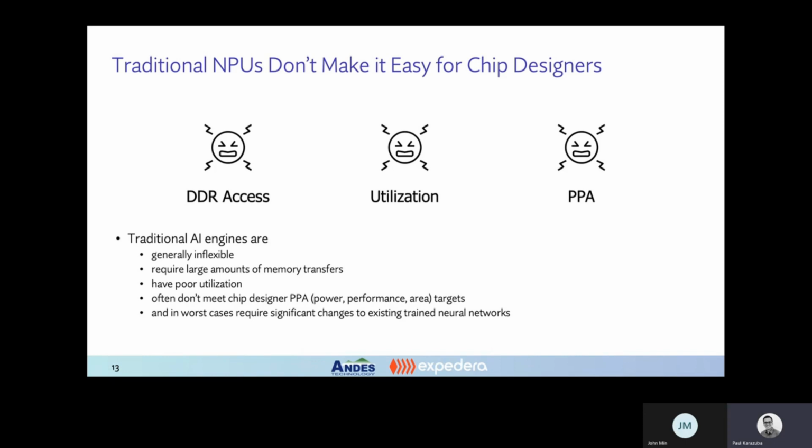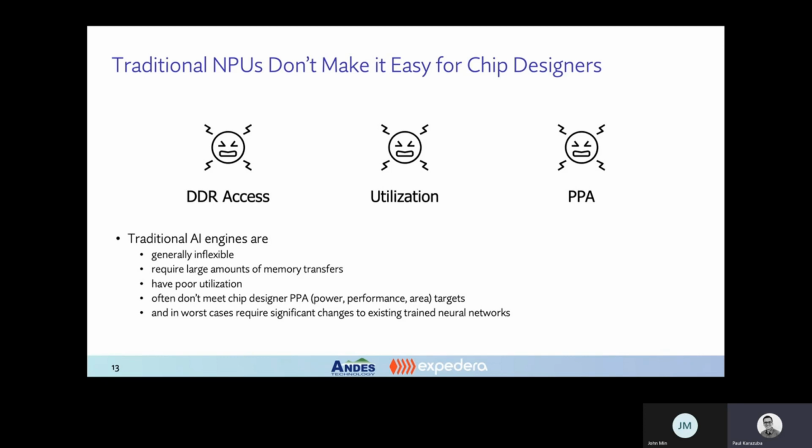As we say here, traditional AI engines are generally inflexible. They require large amounts of memory transfers. This is one of the reasons for the, frankly, very high power consumption you typically find, as well as the low utilization. They're constantly shifting data around on the chip.